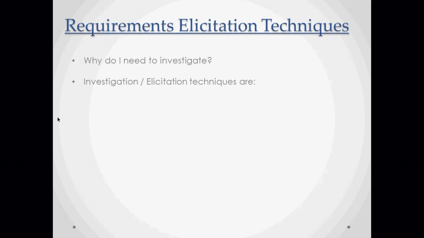And also you investigate to be able to know the problem with their current operation, like I just explained. It could be with their current operation, then you need to address that. Or it could be just additional features that you want to add to an existing system. So there are so many reasons why you need to investigate.